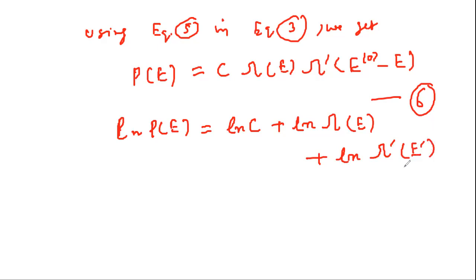Let me name it equation 7. So ln of P of E is ln of C plus ln of sigma of E plus ln of sigma prime of E prime, because here it is E prime inside the bracket, right?